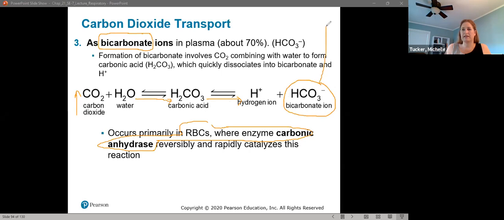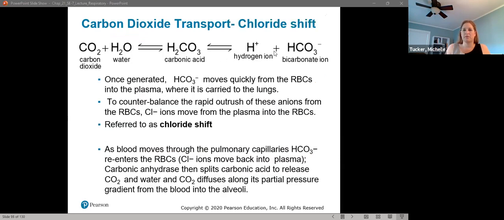Bicarbonate then leaves the red blood cell and goes into the plasma. However, when bicarbonate leaves the red blood cell, the red blood cell can't sustain that ion imbalance. So chloride comes in. So when bicarbonate leaves the red blood cell, chloride ions move in to balance the red blood cell ionically.